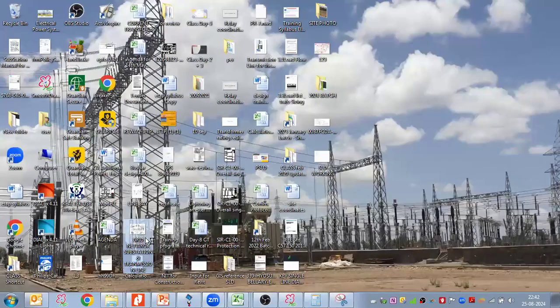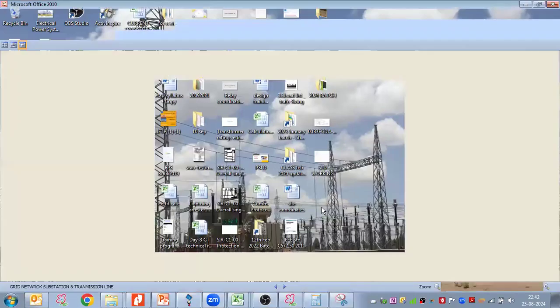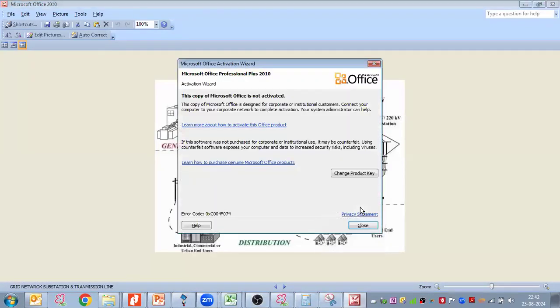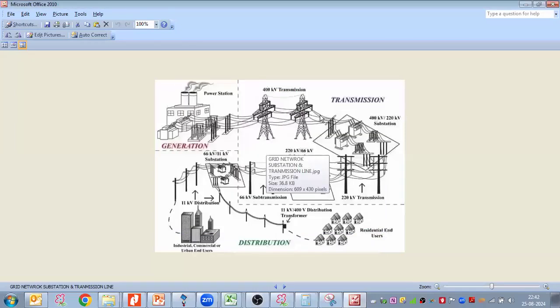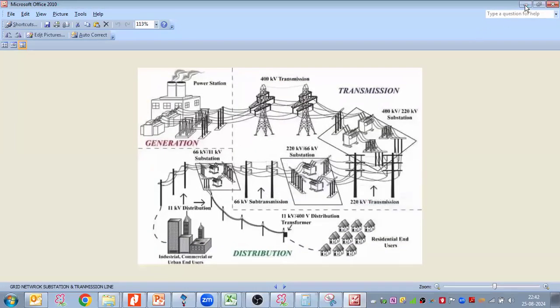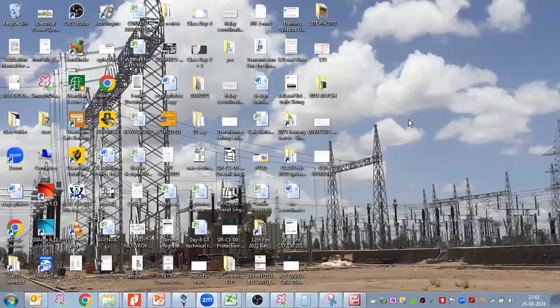A standalone system. Let me take a network here. I have the power plant generation, connected to the transmission substations.